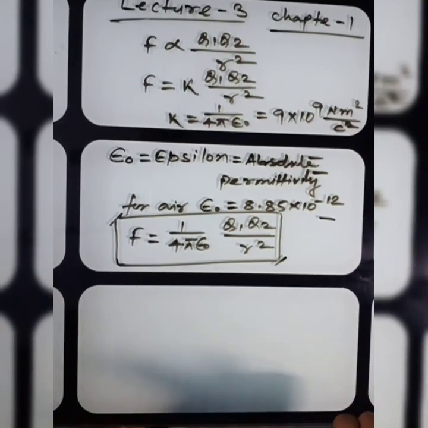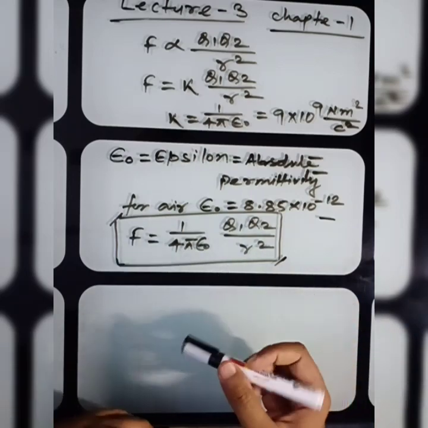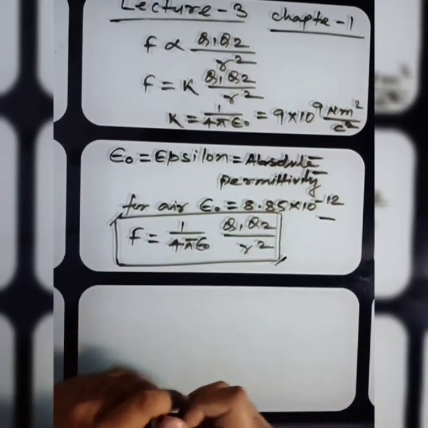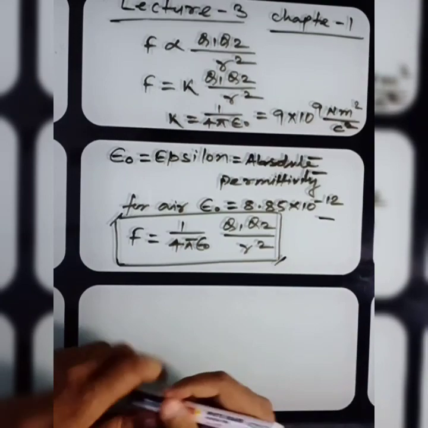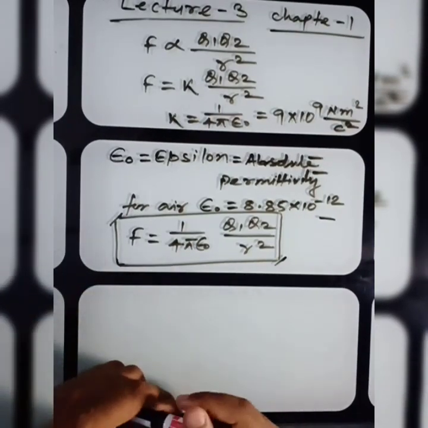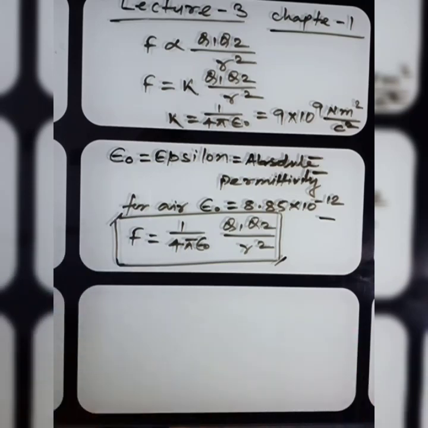In the next lecture we'll start from this Coulomb's law, how to solve a few simple questions of this Coulomb's law, and how to study this Coulomb's law in vector form, so that it would be easy for you to solve a few complex questions of competition. Thank you students.